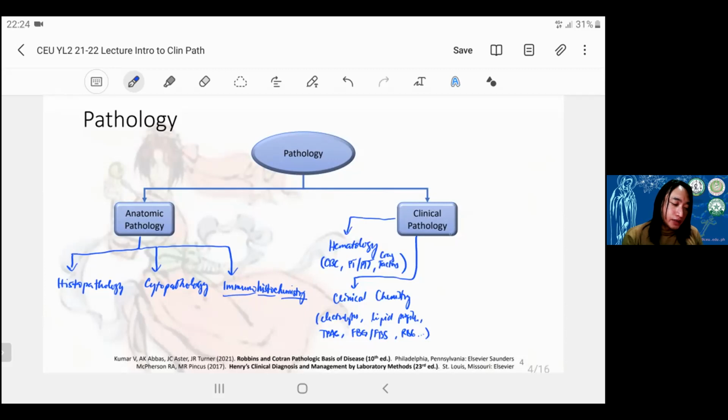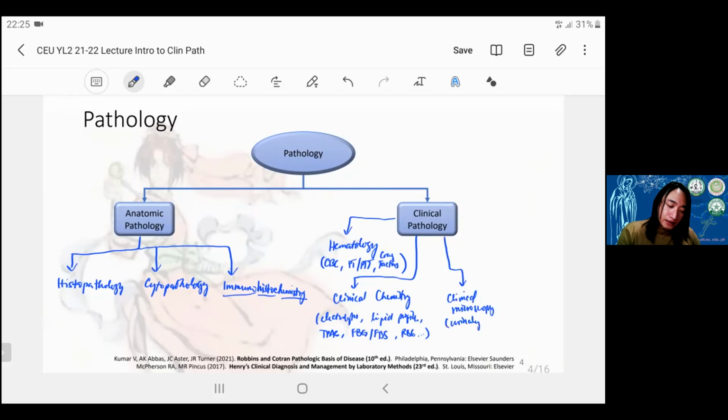And another branch of clinical pathology is clinical microscopy. So in clinical microscopy, basically you're examining under the microscope the different bodily fluids and determining what substances or microbes are seen in those fluids. So this would encompass your urinalysis.